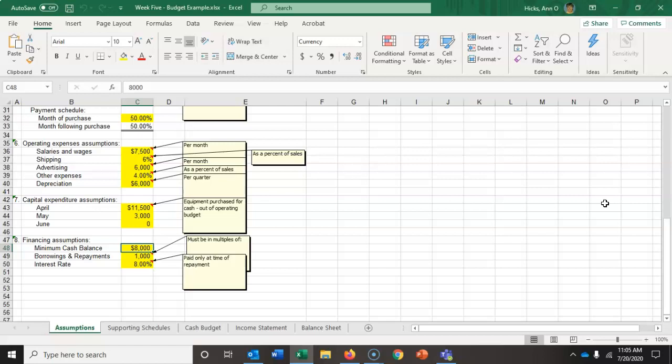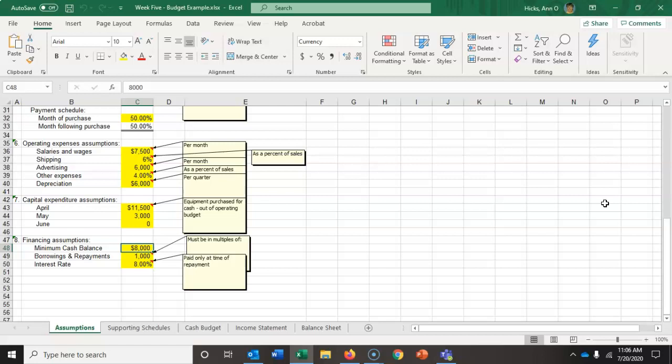We also have a line of credit that allows us to borrow on an as-needed basis. However, when we borrow, it must be in increments of $1,000. So for instance, if I'm $1,200 short, I can't go out and borrow $1,200. I've got to borrow $2,000, if you will. And then repayments in the same way, repay in increments of $1,000.